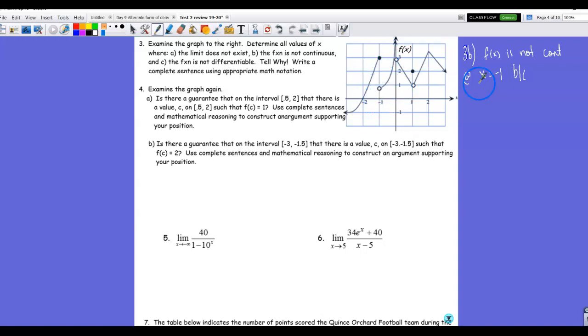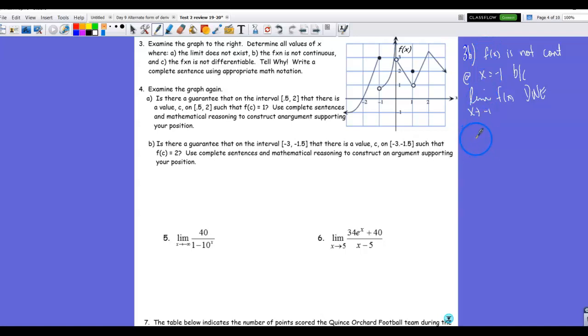But we already stated that the limit does not exist, and that's the second reason why a function might not be continuous. So I'm going to say the limit as x approaches -1 of f of x does not exist, and that's all I need to say to justify the continuity.